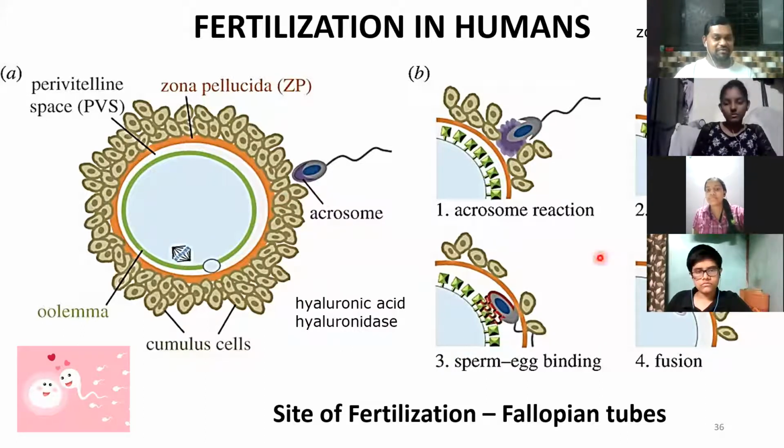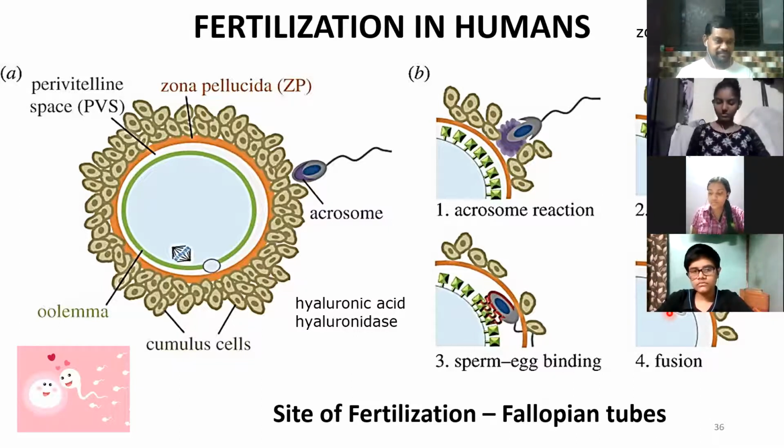The one which has entered and fertilized. And now the ovum in which the fertilization has taken place is called the zygote. The ovum and the sperm were haploid, but now the zygote is the diploid cell, and this diploid cell is the first cell of the new human being.